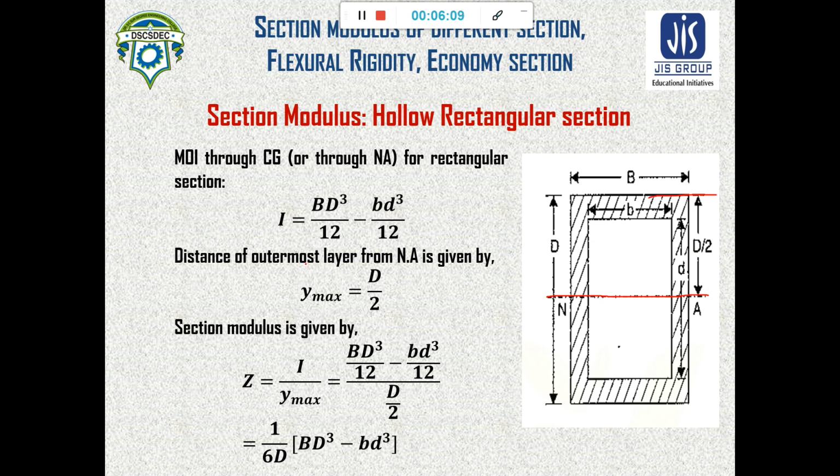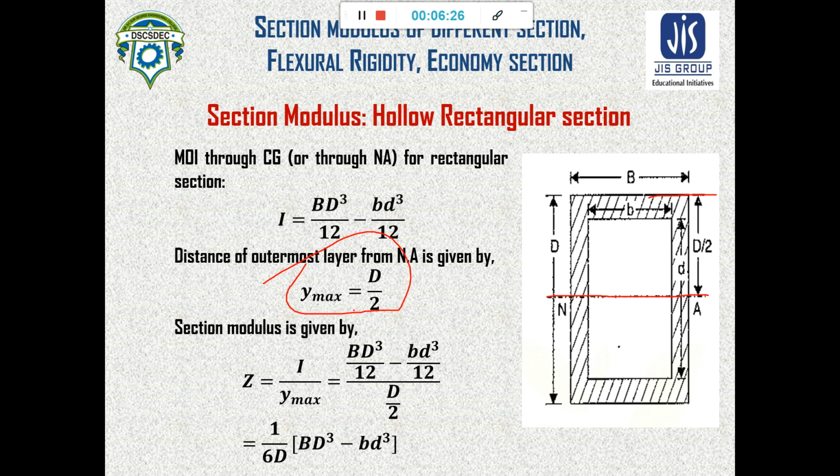So y max is given by capital D by 2. Now section modulus, similarly I by y max, that would give us 1 by 6 d.